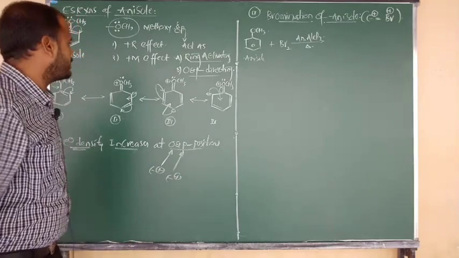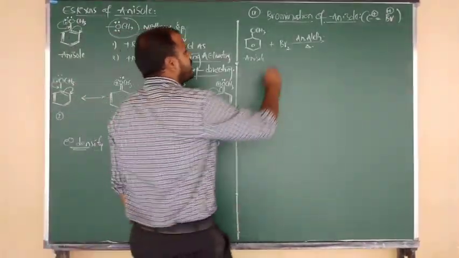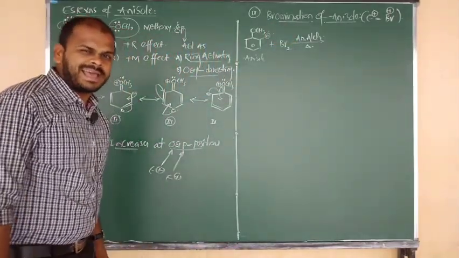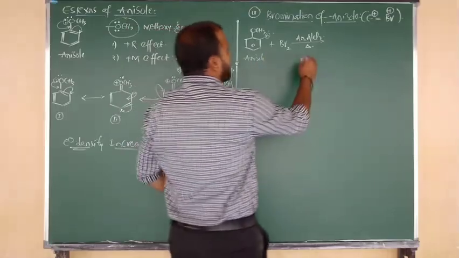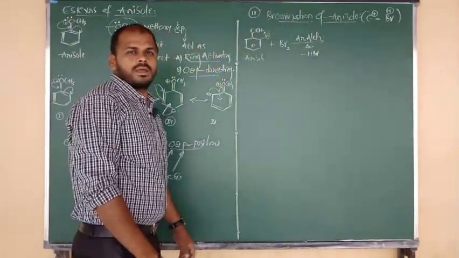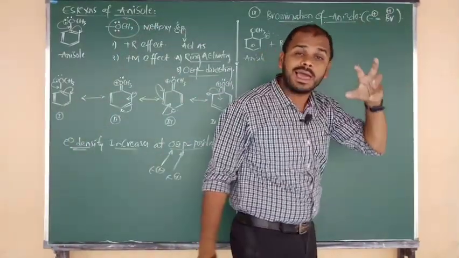So electron density increases at the ortho position. That means from that ortho place we can remove the hydrogen. Such H plus combines with Br minus and is eliminated in the form of HBr. And one more Br will be there, in the form of Br plus, the electrophile.